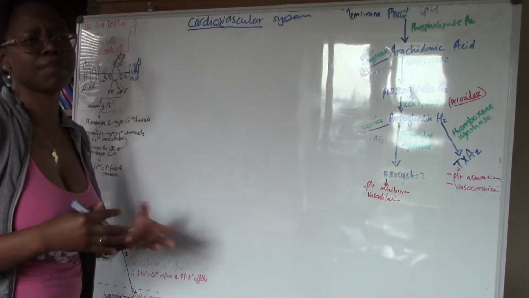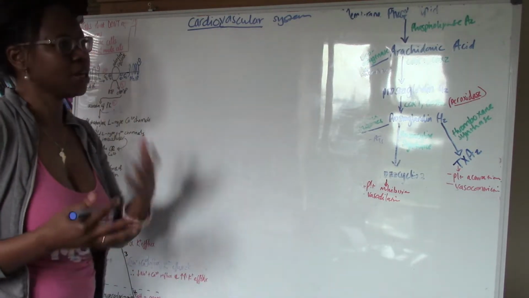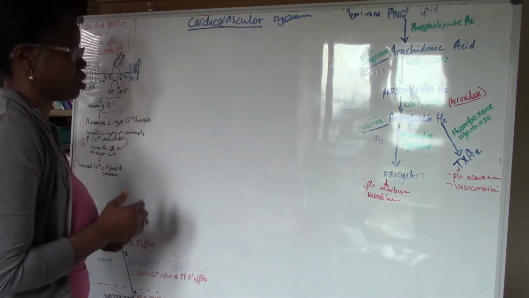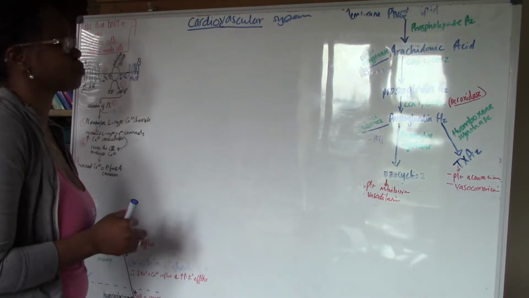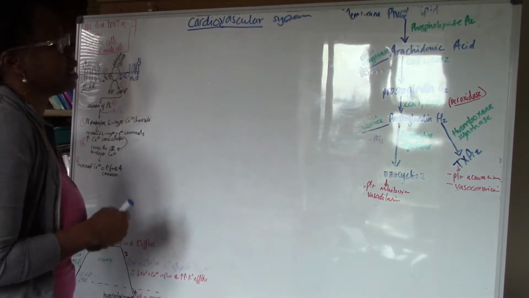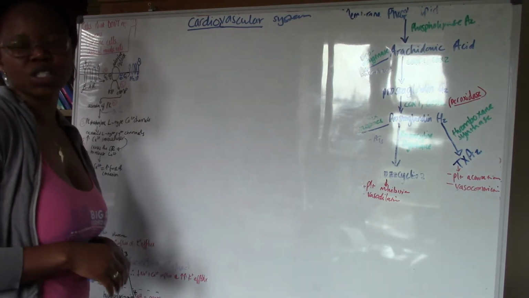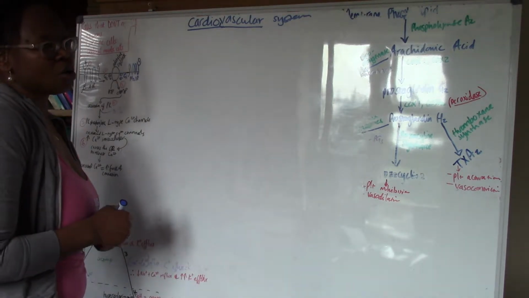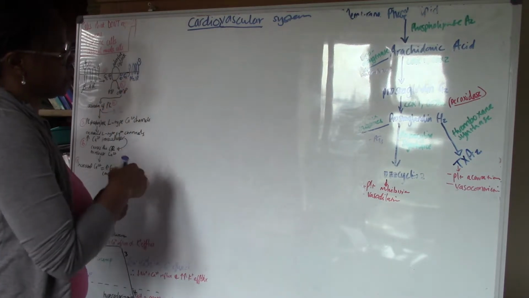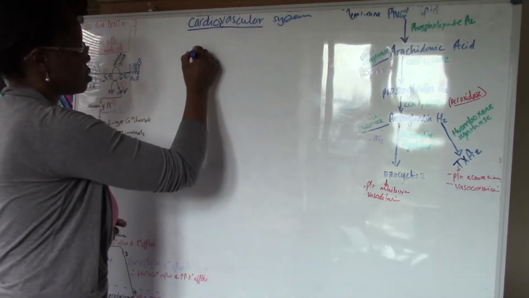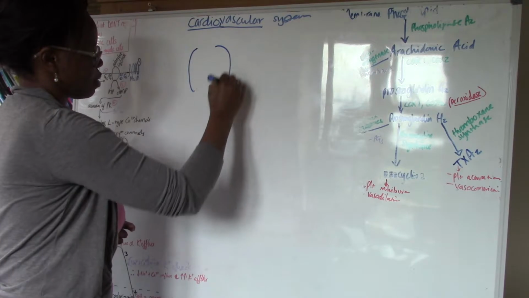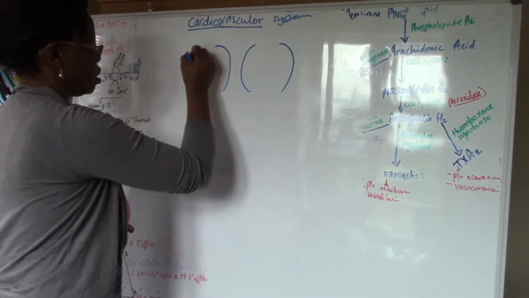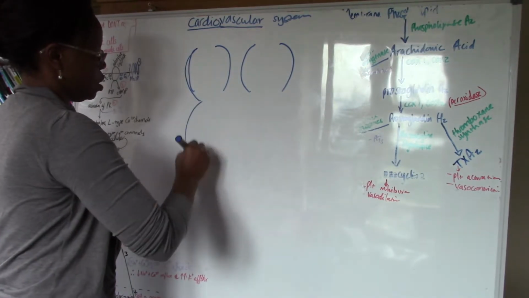Now we'll do a bit more detail in terms of the basic introductory anatomy and physiology. The heart itself is a pump, which just means that it pumps blood around the body. It has 4 chambers, which we can draw like this. It's easy to just draw them like that, just for ease of reference.